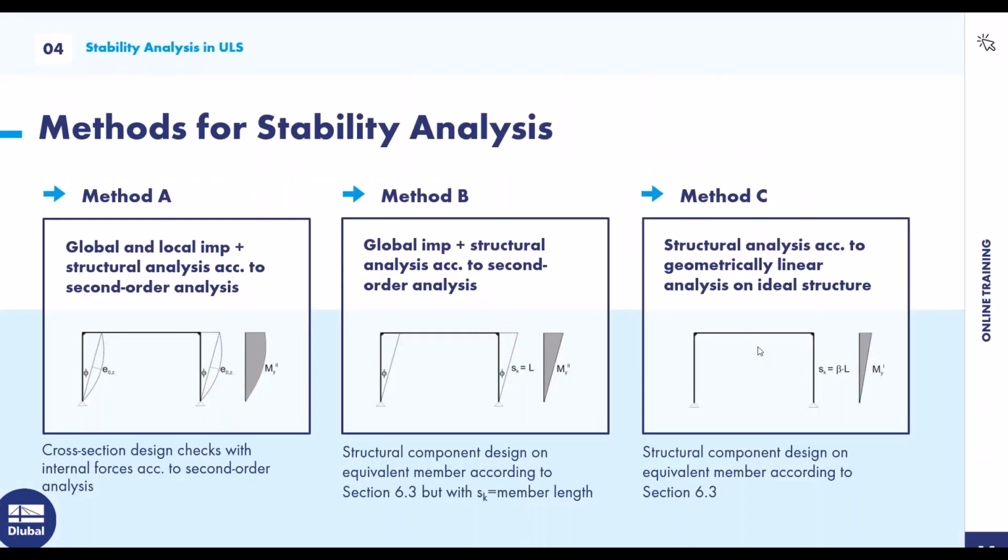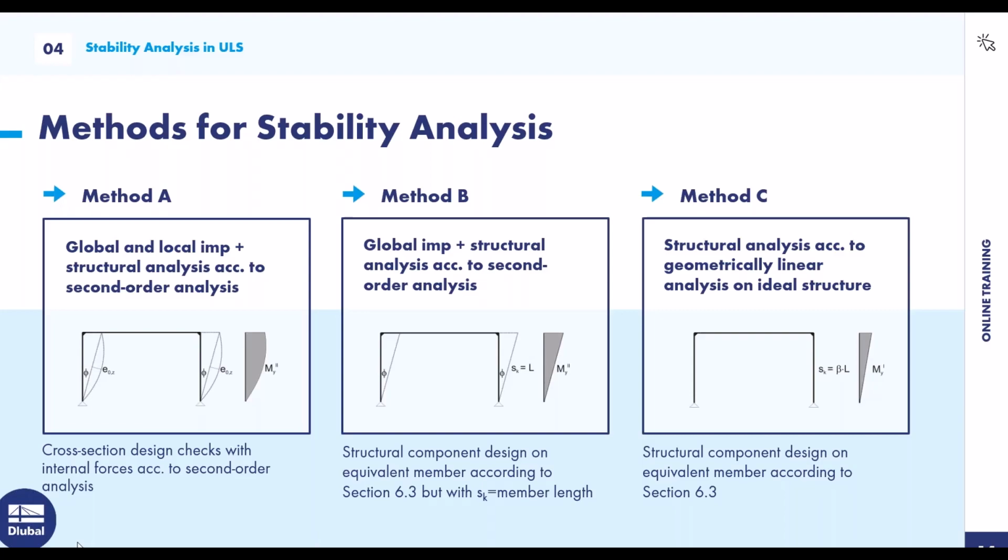We did method C, with the effective member lengths and without imperfections. And now we define imperfections, and I delete the effective member lengths for the columns. We consider SK equal member length.